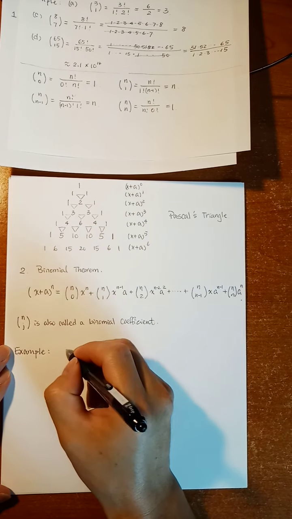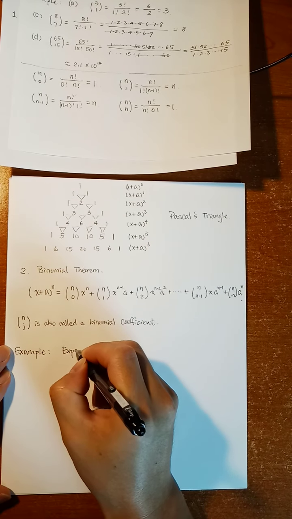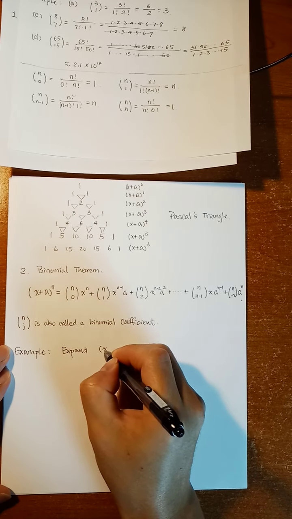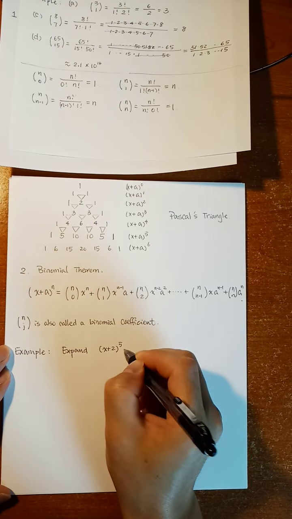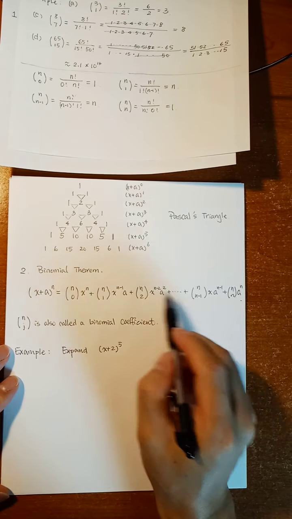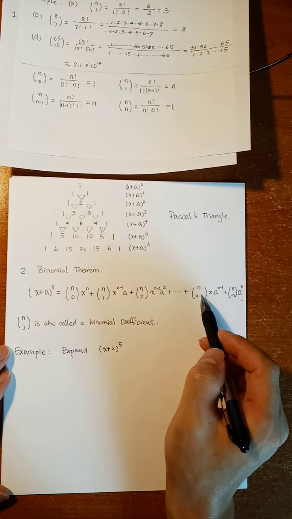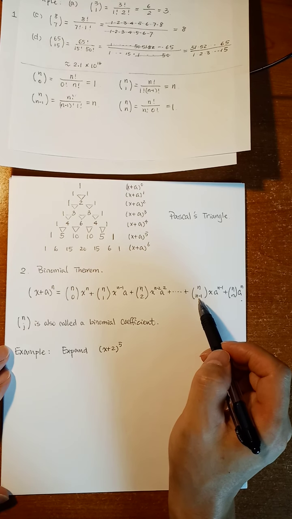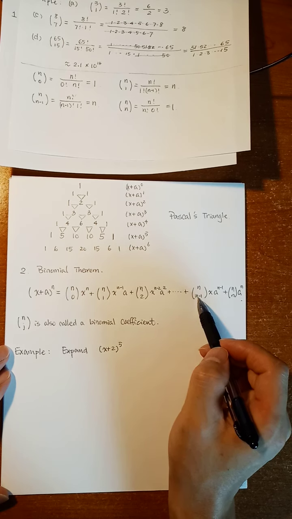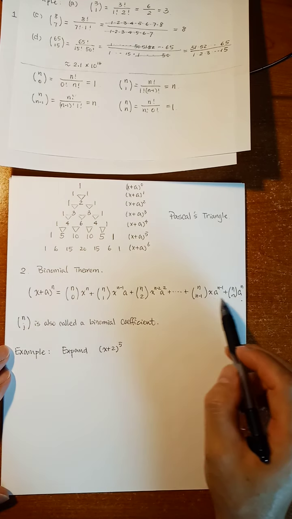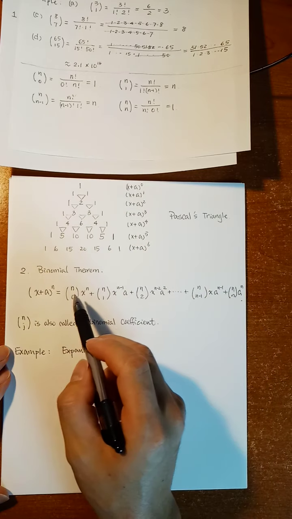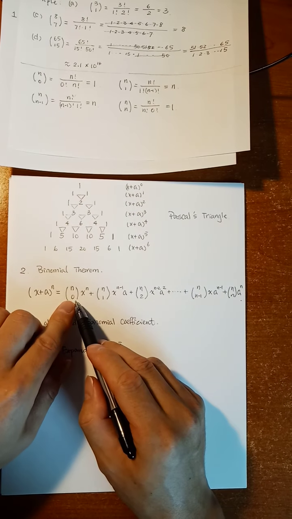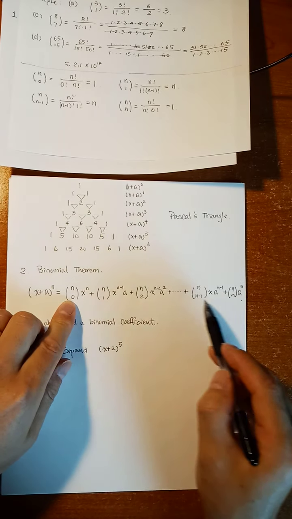We want to expand x plus 2 to the fifth power. Of course, remember that even though we have those symbols as coefficients, if you really want to get the concrete numbers, those numbers cannot be very big. If you have 65, first of all, you will have 66 terms. You see, it starts from 0, 1, 2, 3, up to n.